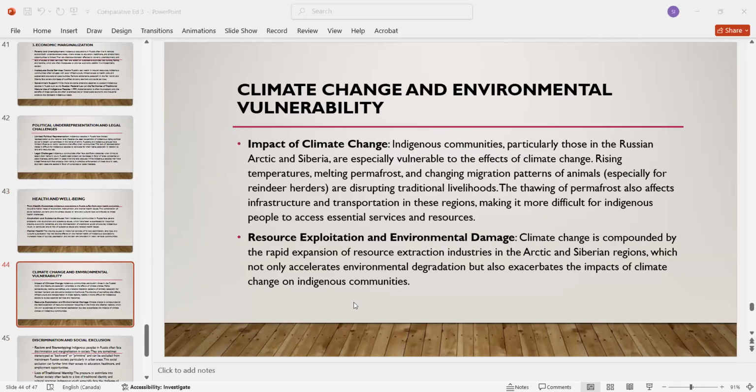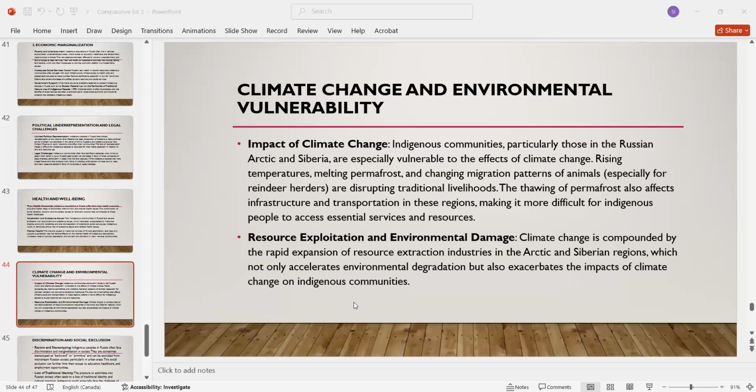And climate change and environmental vulnerability. So indigenous people are living in the interior area, not on the urban side. So the Arctic and Siberia are vulnerable to the effects of climate change, changing temperatures, melting permafrost, and changing migration patterns of animals are disrupting traditional livelihoods.